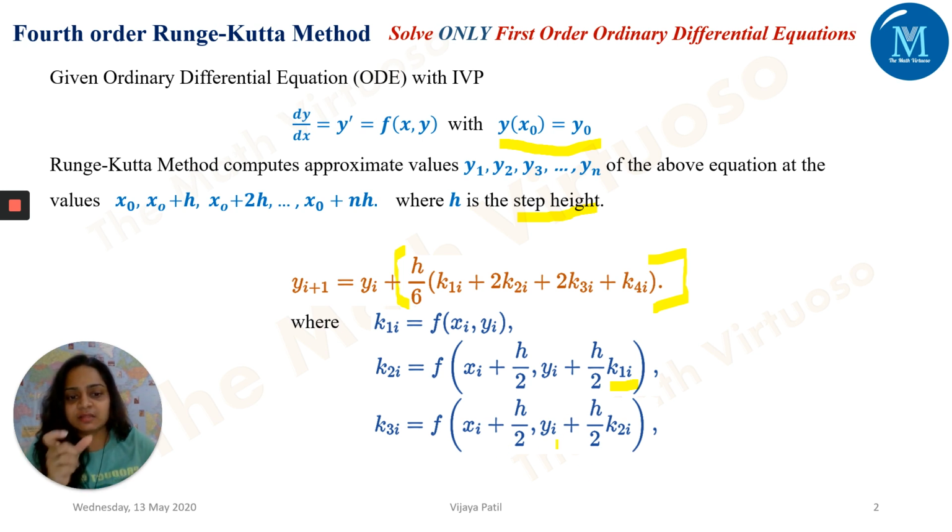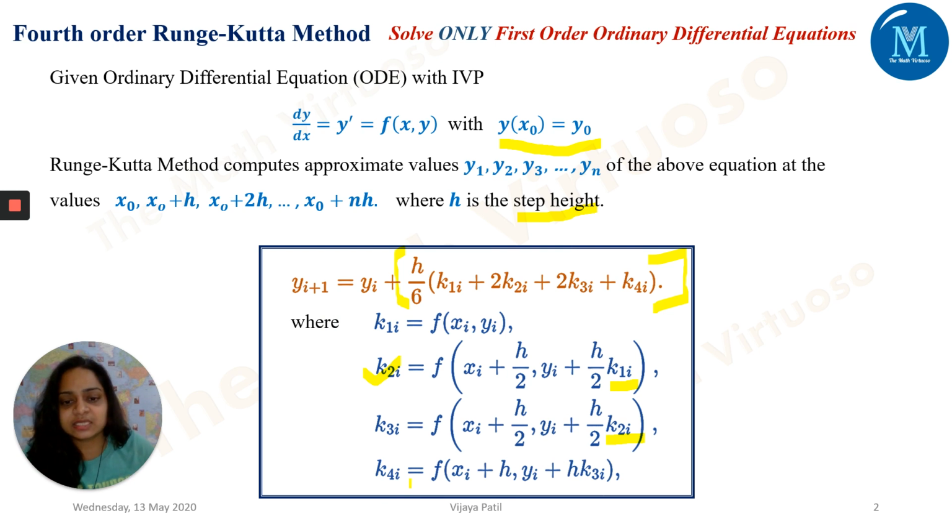The change is in the y increment. So it is yi + (h/2) k2i, right? So again I'm calculating k3i making use of k2i from the previous step. And k4i is f(xi + h, yi + h k3i). Again, we are making use of k3i to calculate k4i.